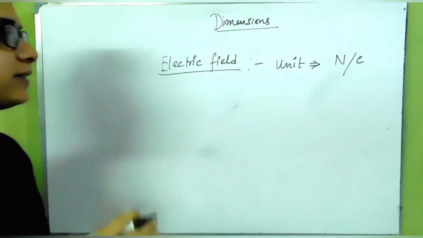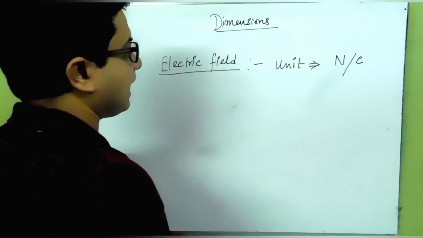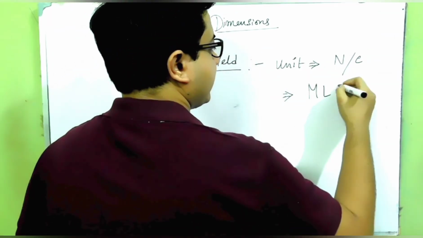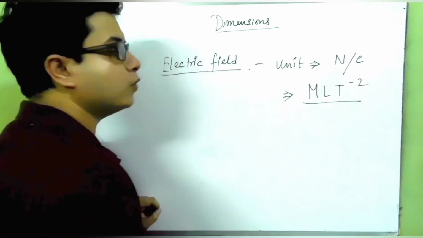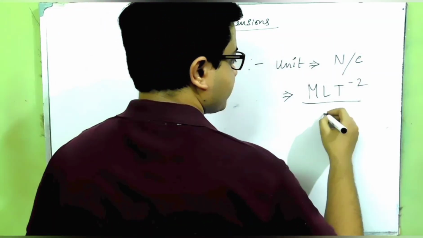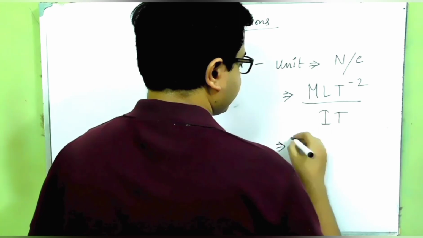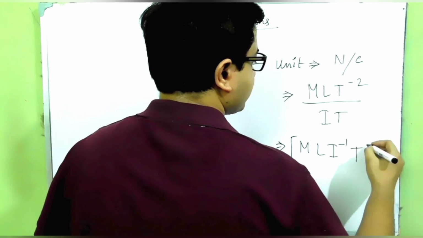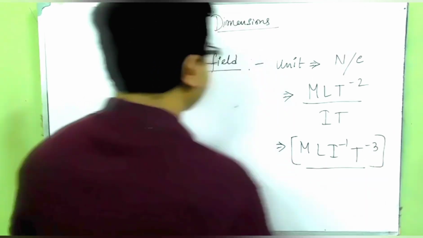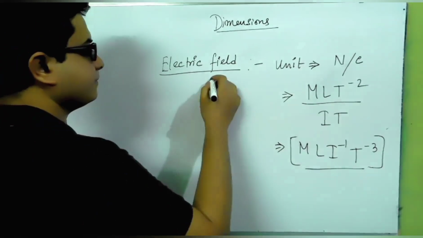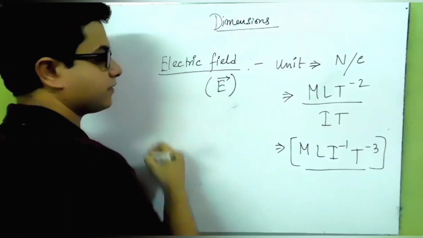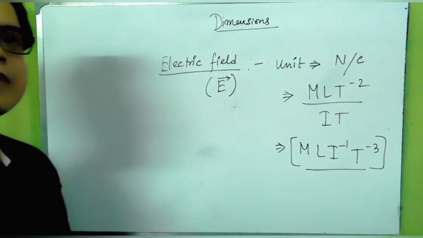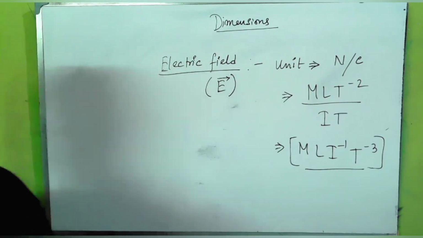According to that, the dimension of force is m L t to the power minus 2, and Coulomb, the unit of charge, has a dimension of I times t. So the resultant dimension is m L I to the power minus 1, t to the power minus 3. This is the dimension of electric field E. It is a vector quantity.